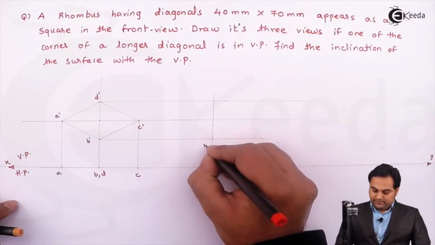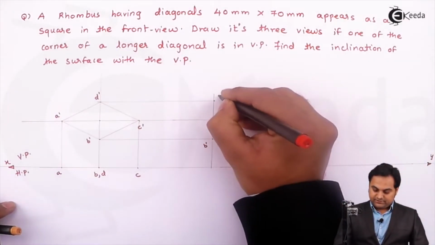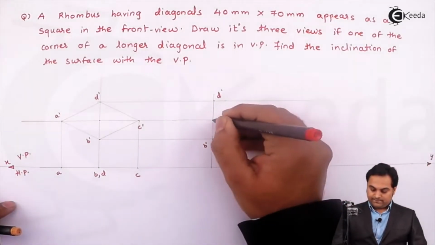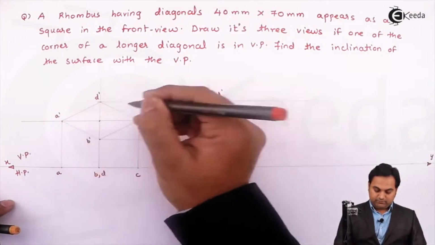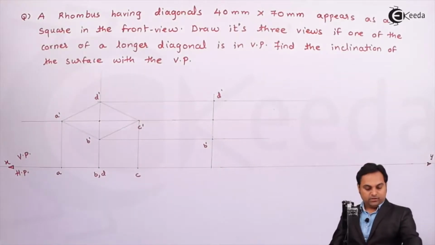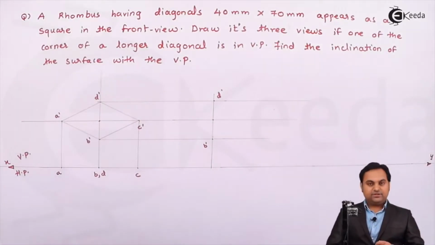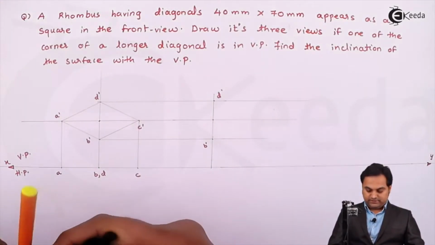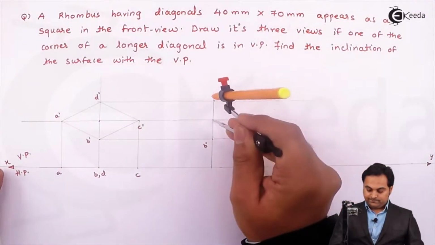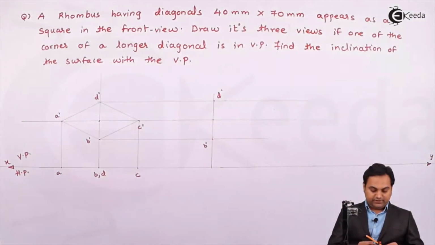Here I'm keeping B dash D dash as it is. This is the center of the rhombus as well as the square here. Now I'll measure the same distance, that is from the center either up to B dash or D dash.